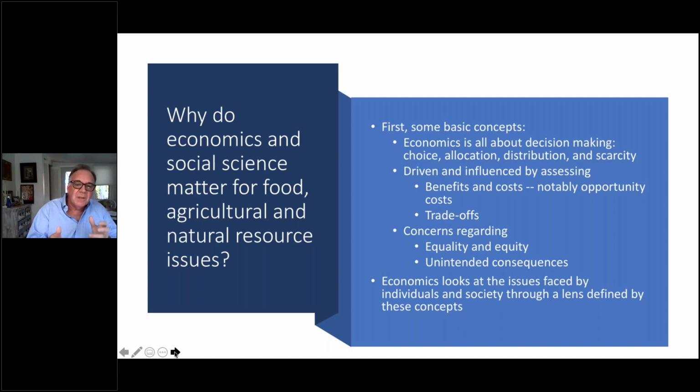So one of the things that economists look at is they try to understand the system, or the whole picture: when you make this choice, what are you giving up? What impacts are you having, and who is it affecting, and who are the winners and losers? So economists use these tools, these concepts, to analyze issues for individuals and society.